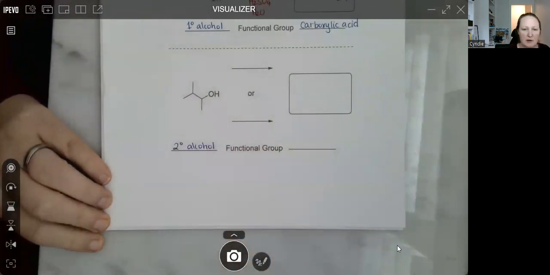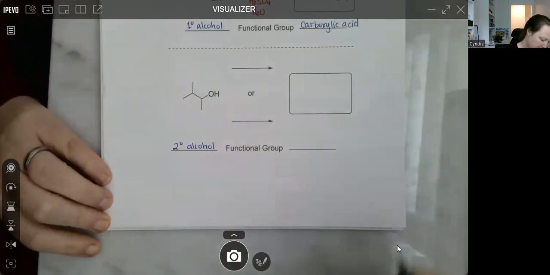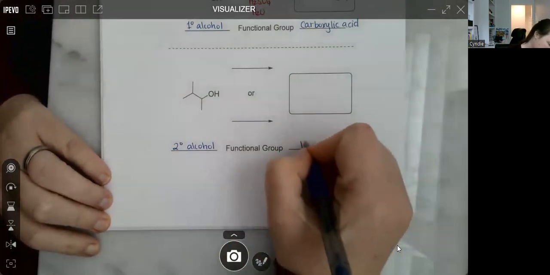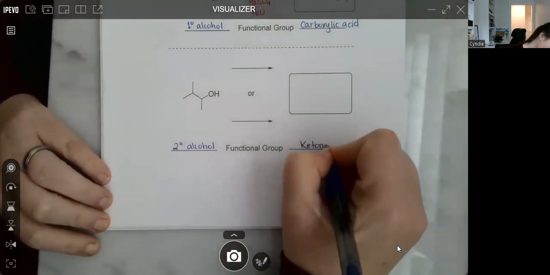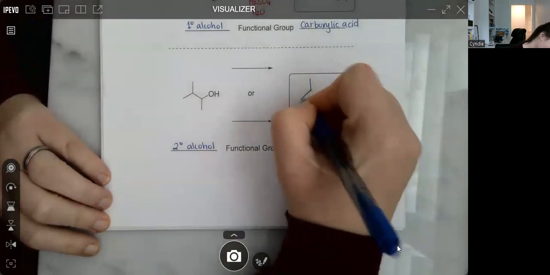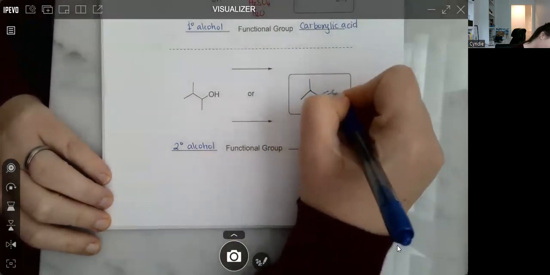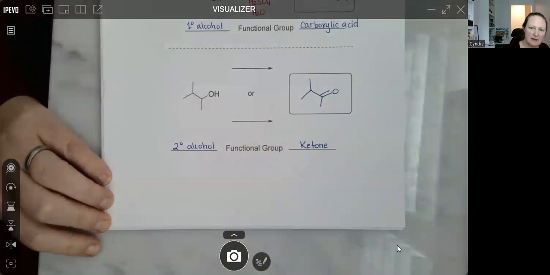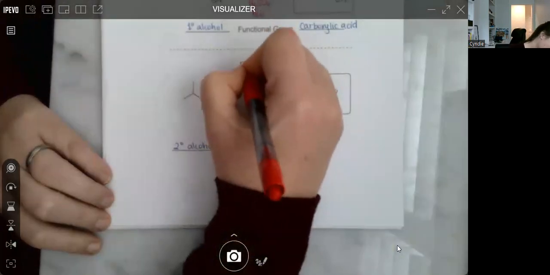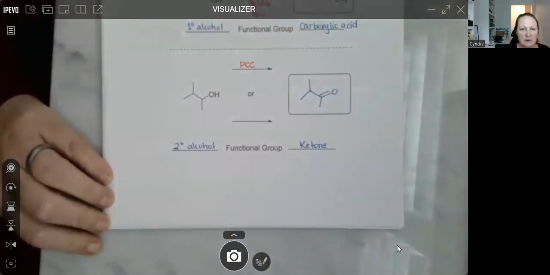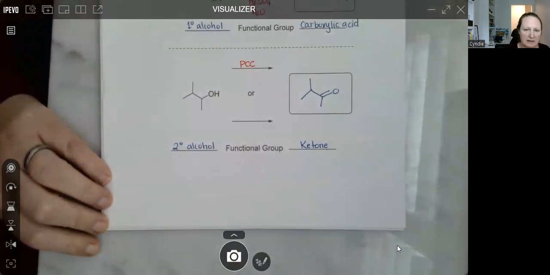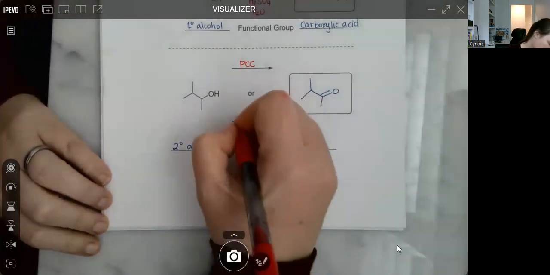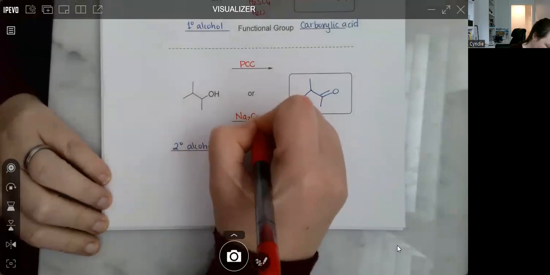Remember that tertiary alcohols don't oxidize, and secondary alcohols oxidize to ketones. The conditions for that, we can use PCC, which again stands for pyridinium chlorochromate, or sodium dichromate.